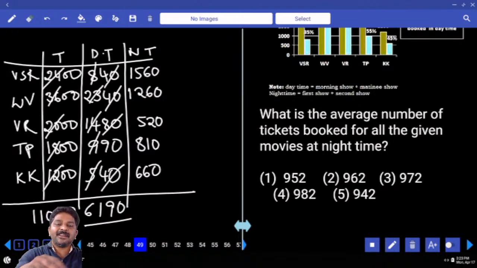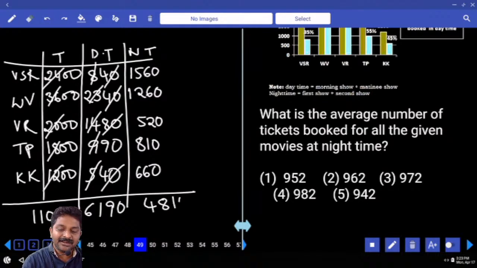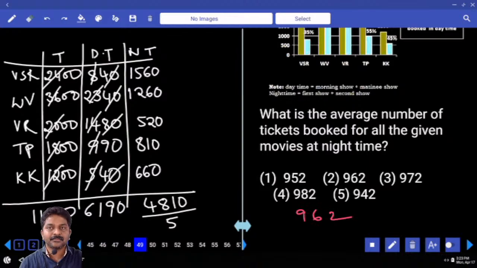Again you need to subtract 190. That means 4810. And we were asked to calculate the average, that is divided by 5. How do we divide by 5? By 10 into 2. 481 into 2, that is 962.